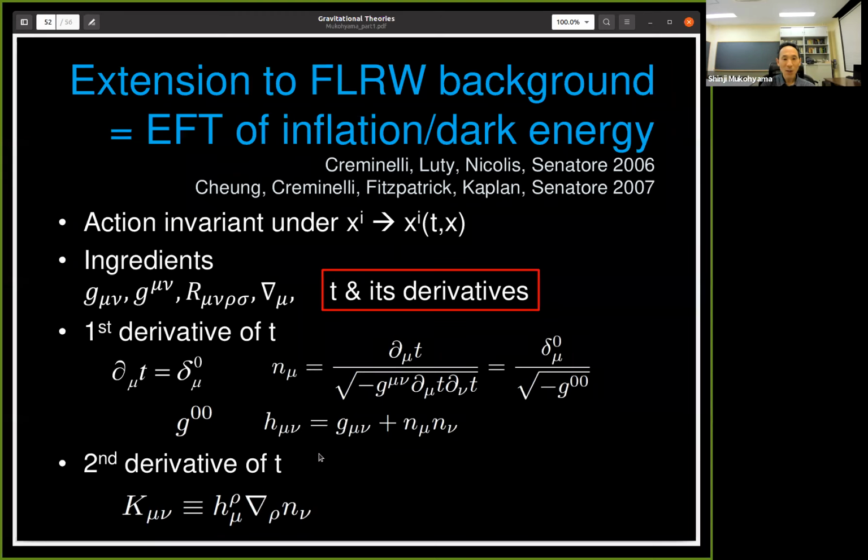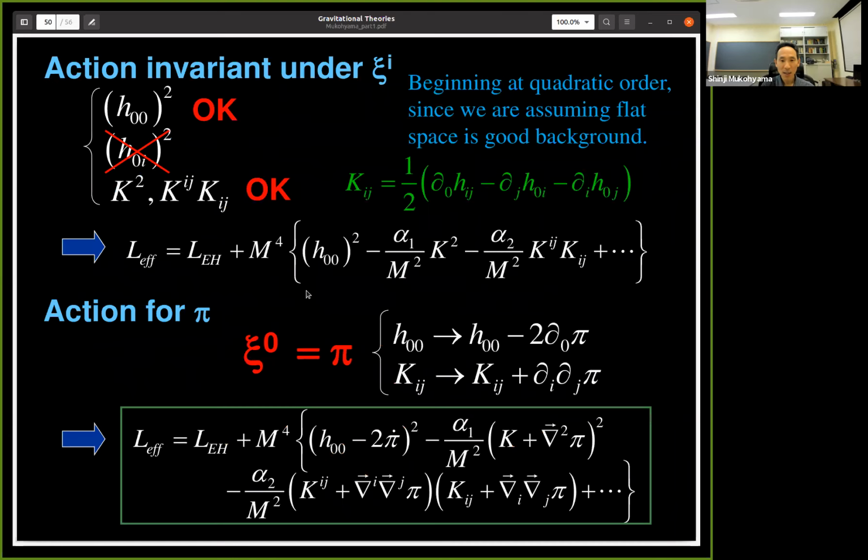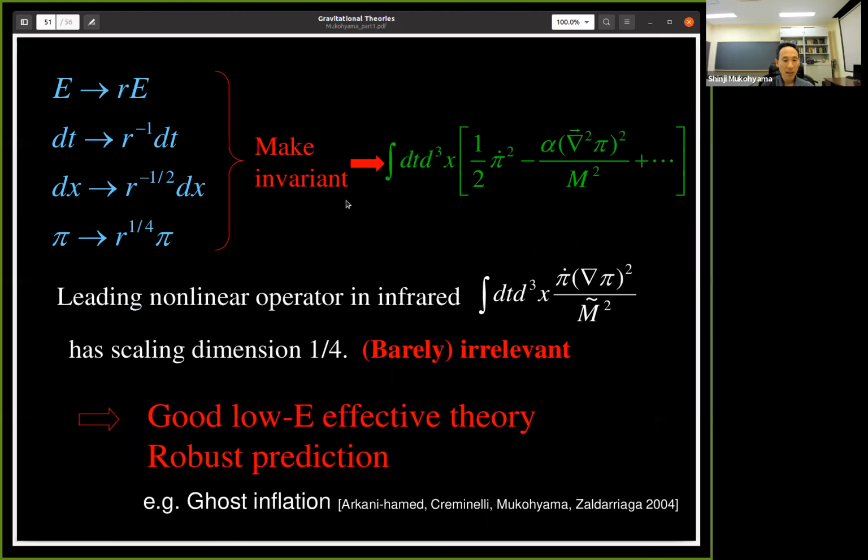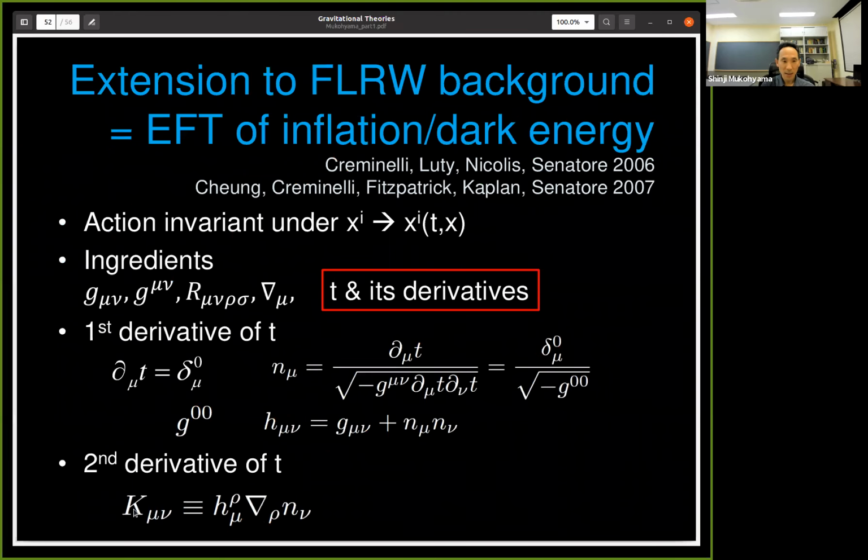We can also introduce the second derivative of time. Because n_mu is already a first derivative, we can introduce a derivative of the first derivative and then project onto the constant time surface. This is nothing but the extrinsic curvature, a completely nonlinear extension of this quantity. As I said, this is a tensor in the 3D constant time surface, so this is good.